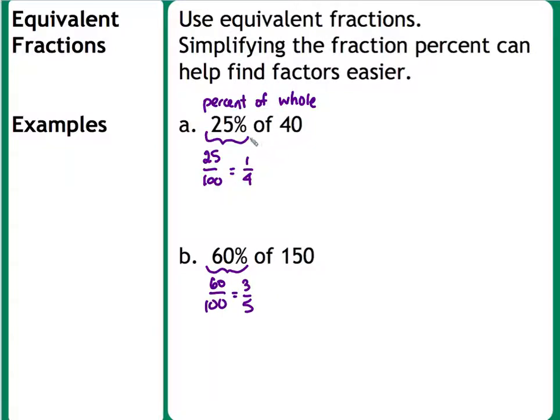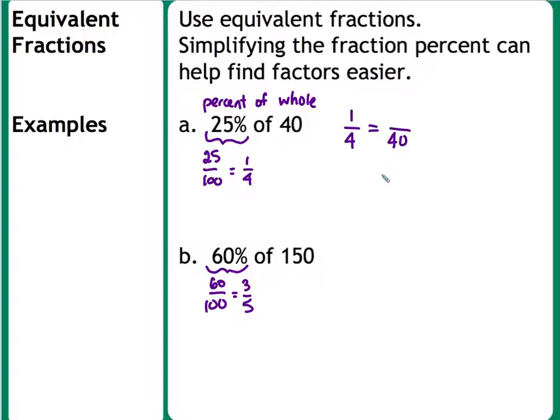I'm going to use the same numbers as before. So I'm going to do 25% of 40, this time using equivalent fractions. We know 25% is 1/4. So 1/4 is equal to, now we're trying to find the part. We know what the whole is. It's always percent of whole. We know that the whole is 40.